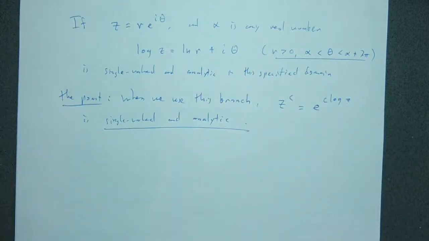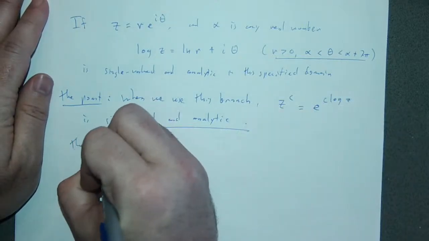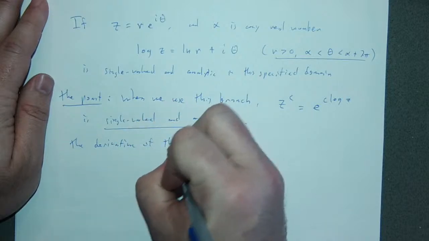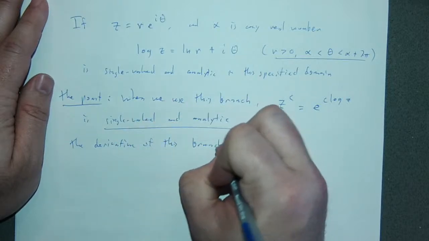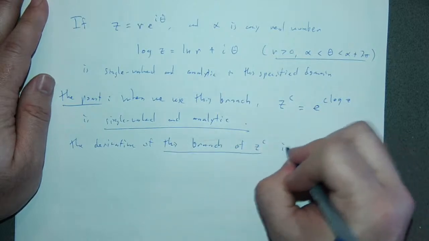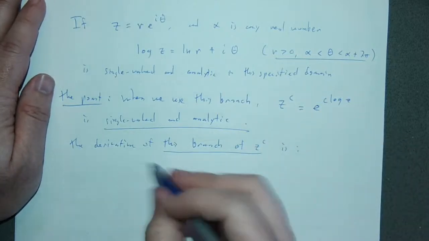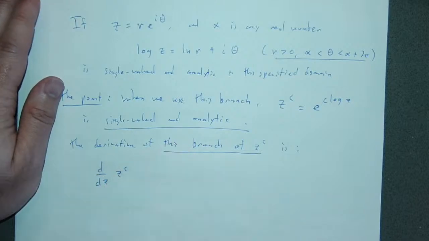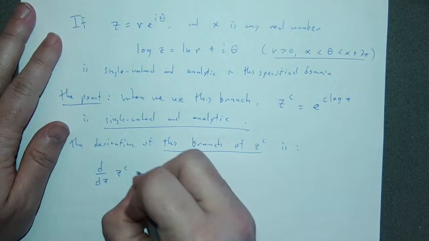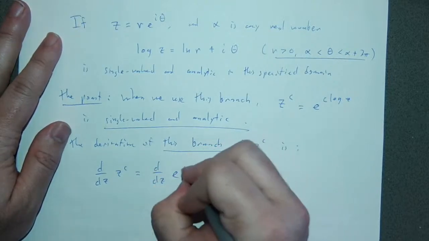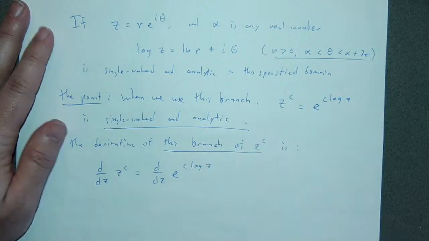So it means it has a derivative, right? So then the derivative of this branch of z to the c is given by d dz of z to the c. Of course, by definition, this is just d dz of e to the c log z.